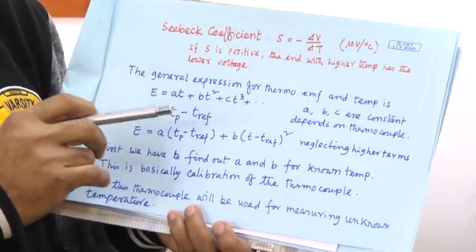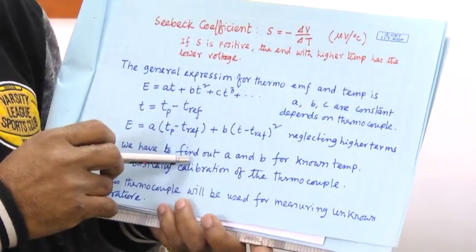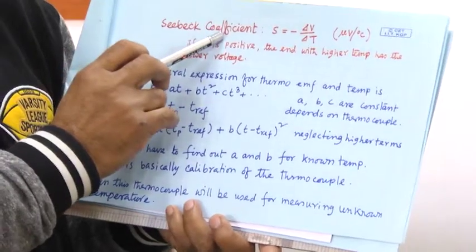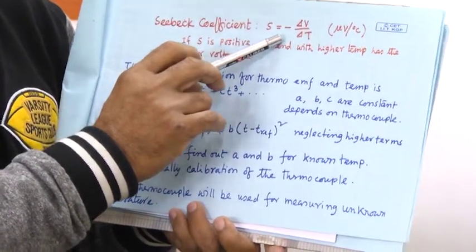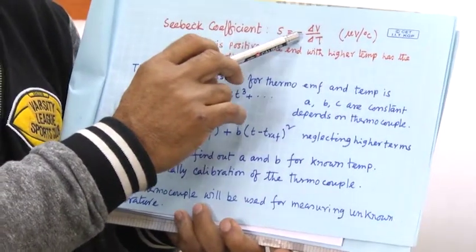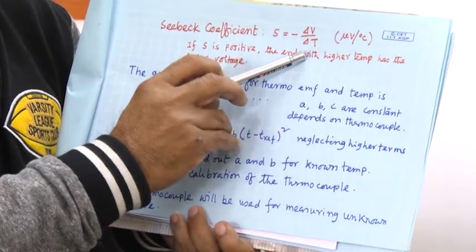Voltage is generated in this circuit, in the thermocouple. The Seebeck coefficient is defined as S equal to minus del V by del T. Okay.